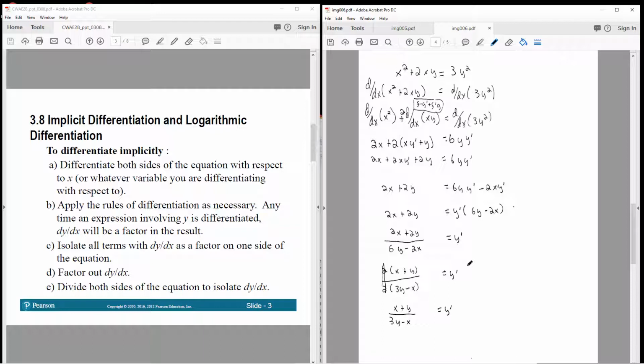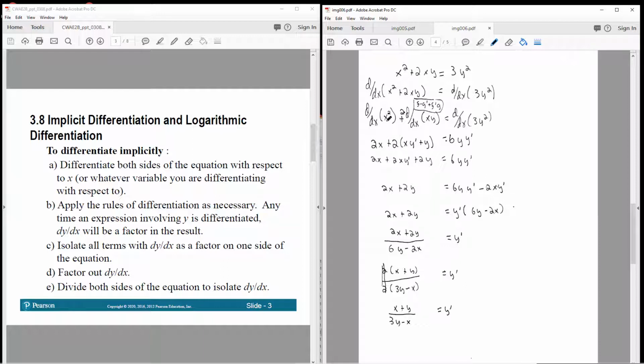Here's another one. So I want to solve it by using implicit differentiation. So I take the derivative of both sides here. Okay. So I have to take the derivative of x squared, the derivative of 2xy, and the derivative of 3y squared.